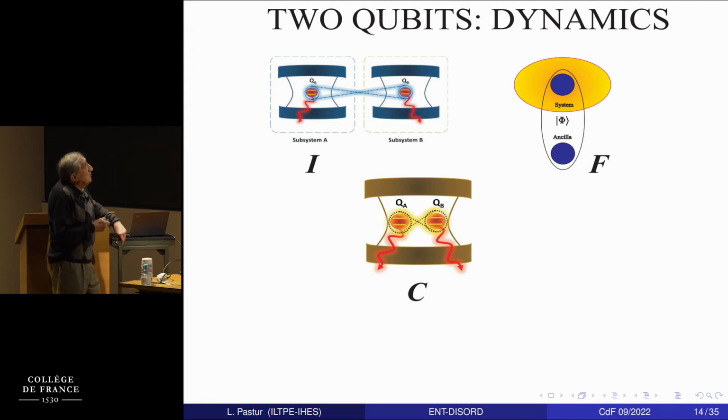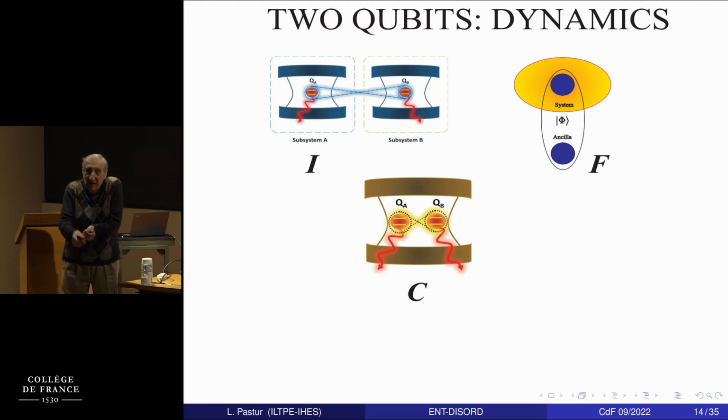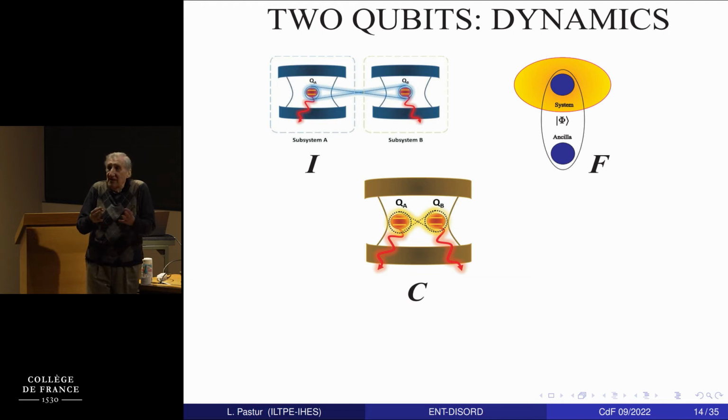First one, you assume that your 2 qubits are independent. That means every qubit has its own environment and its own interaction. So they're independent. And this problem is not, from the point of view of statistical mechanics and solid state theory, many-body. It's not interesting because the two qubits do not interact.